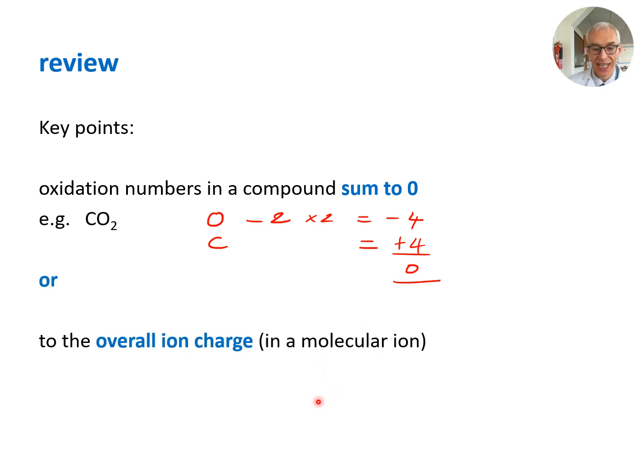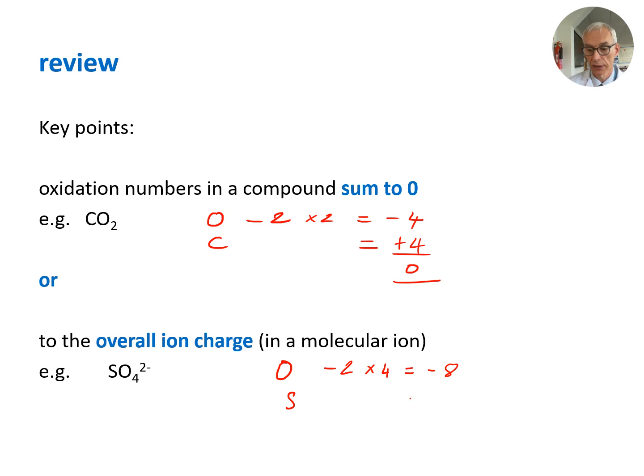Or if we have a charged ion, for instance a molecular ion such as the sulfate ion, then the oxidation numbers add up to the charge on the ion. So oxygen is -2, and we've got 4 of them. So that's going to come to -8.